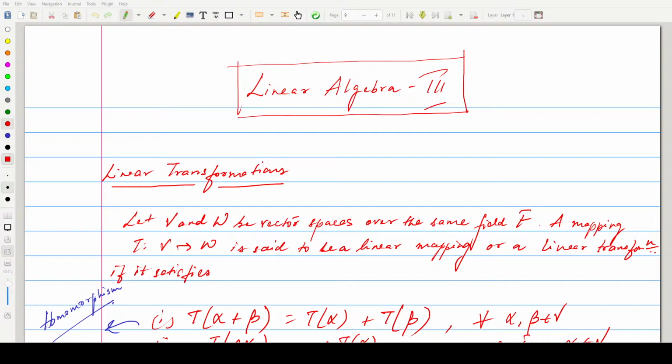Someone said no, so I'll stop and restart this. Is it visible now? No, I cannot see, so I will rejoin once.